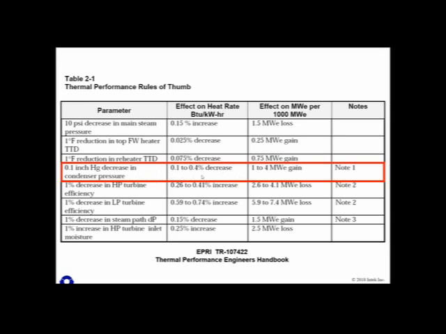And so the excess pressure would be the opposite. This would be an increase in heat rate, decrease in megawatt gain. But where do these values come from? They're good rules of thumb, but where do these numbers come from?